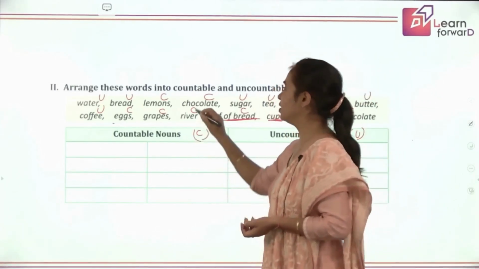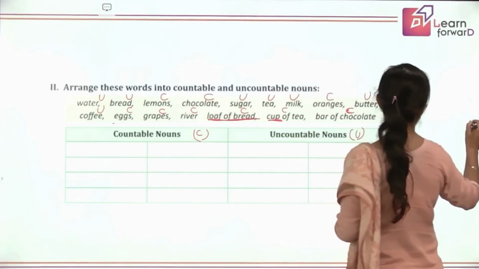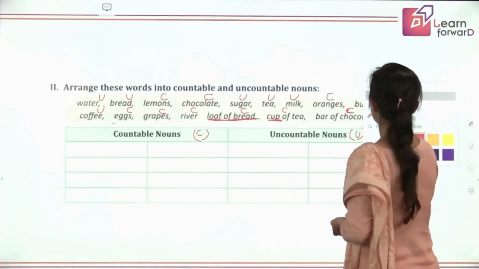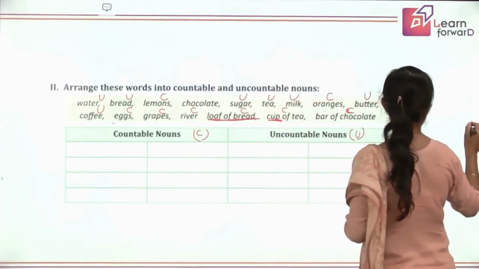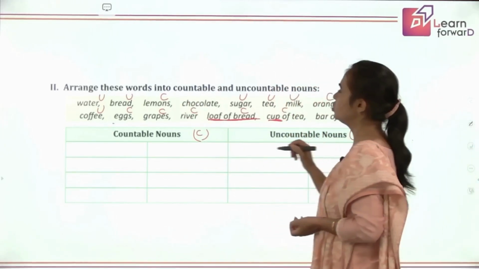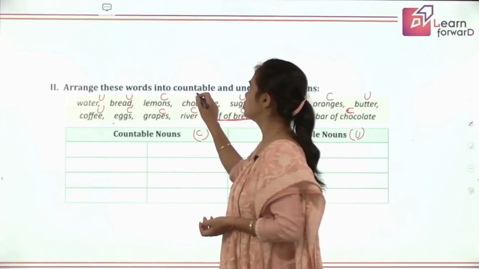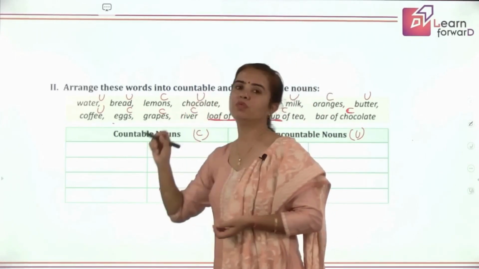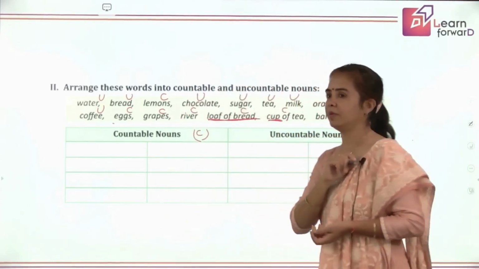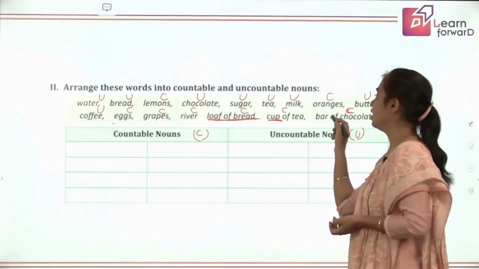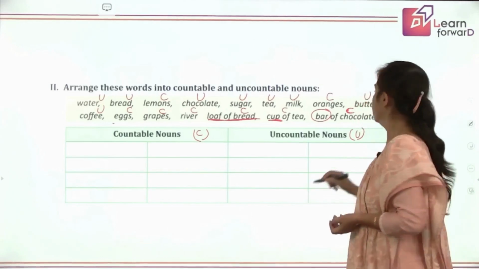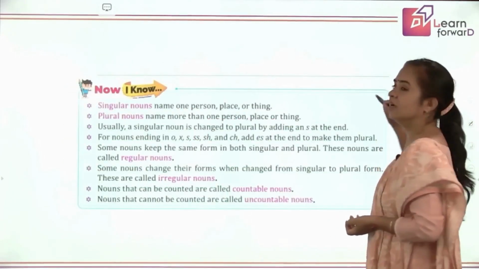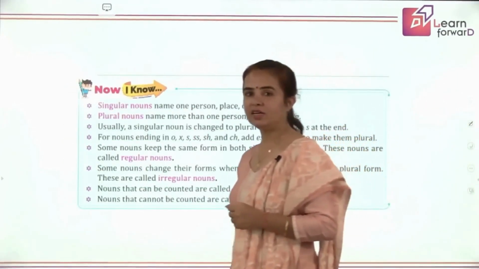So, that means here chocolate they mean to say by material. So, we are counting the bars of chocolate, but just like coffee, just like tea, this chocolate is also a material and it will be uncountable. Remember, we can count the bars of chocolate. Okay. So moving ahead, we'll quickly recall what we have learned in this chapter.